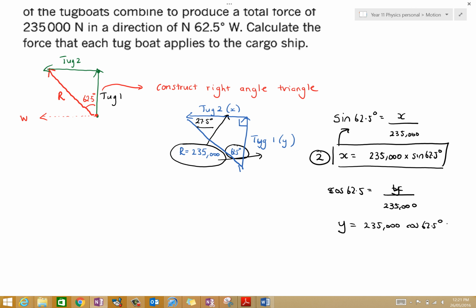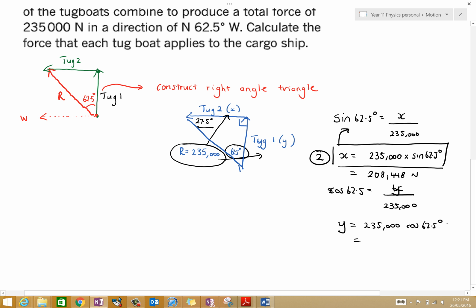So what we need to do now is work that out. Tug 1, what were you saying it was, Matthew? What were you saying the horizontal tug 1 was? Yep, so that's 208,000. 448 will do, newtons, and the y component should be less.